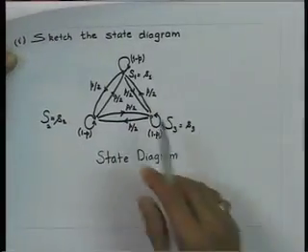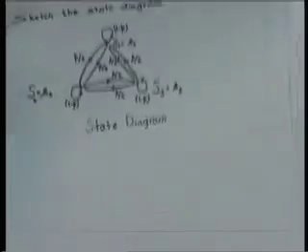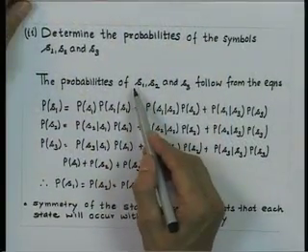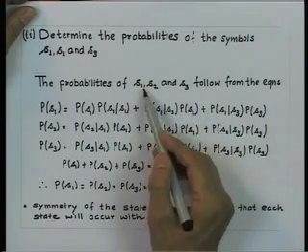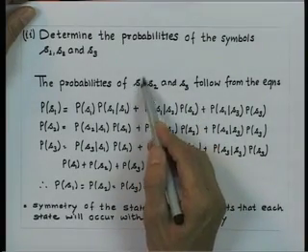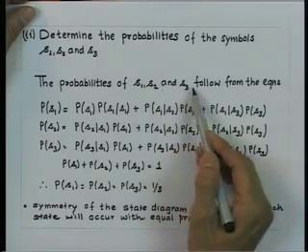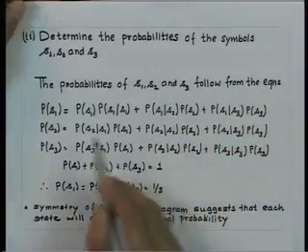Let us try to calculate these probabilities. So, the probabilities of symbols S1, S2 and S3, or in other words the probabilities of the state capital S1, capital S2 and S3 follow from this equation.